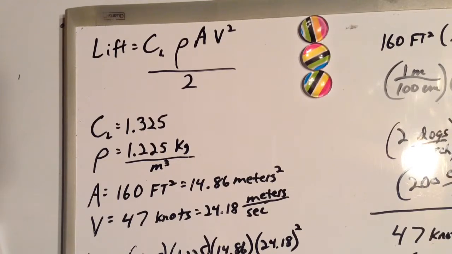So 1 square centimeter is 1/10,000th of a square meter.